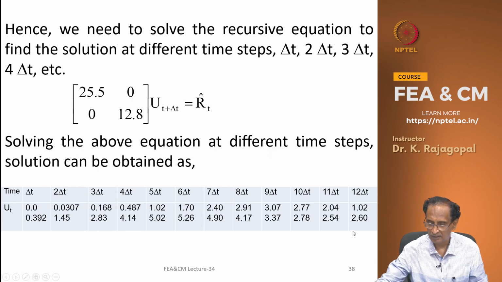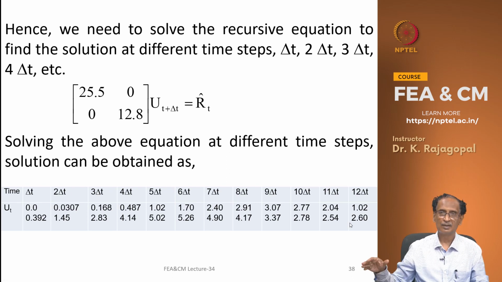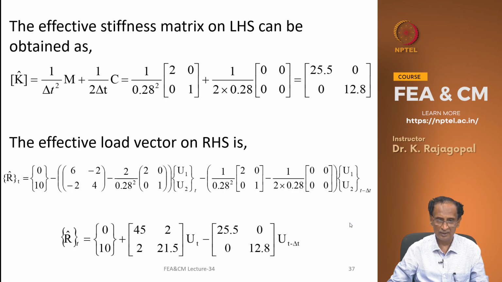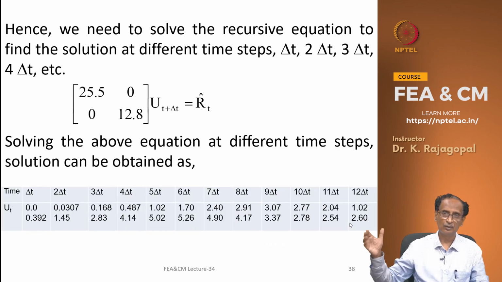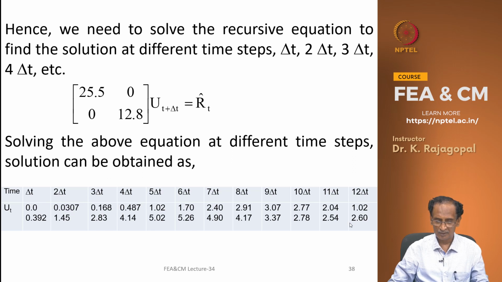At 12 times delta t, 12 times 0.28, the displacements are 1 and 2.6, and we can continue like this. Because there is no damping, the motion will continue forever, because we didn't include the damping.